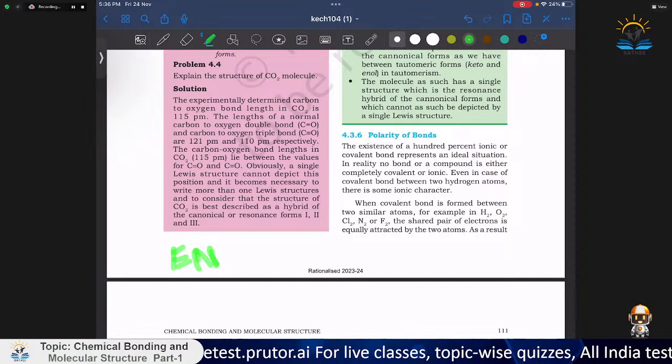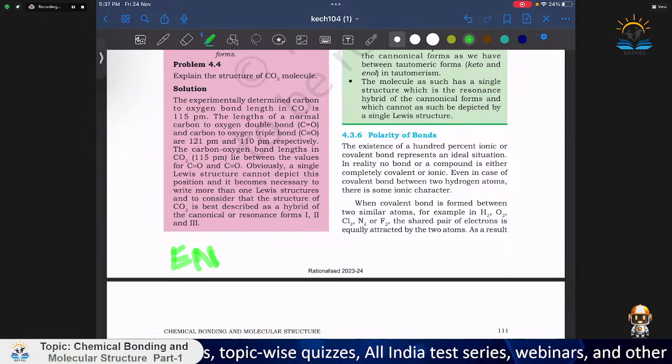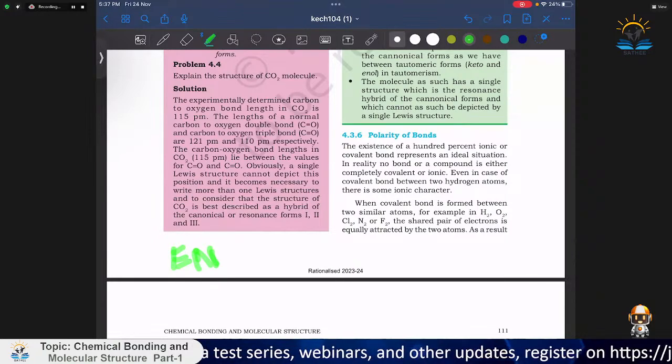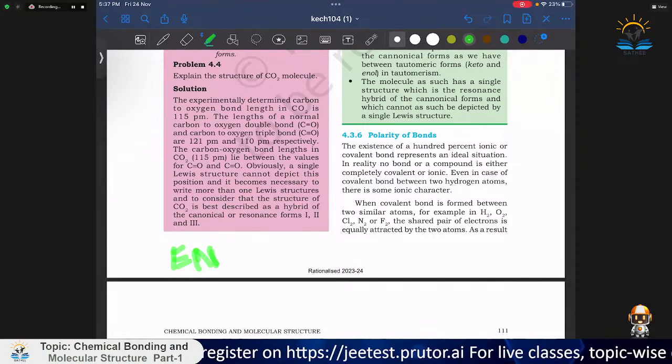In a covalent bond, although both atoms give one electron each, they share one electron for a single bond, but the pair of electrons is usually shifted towards the element which is more electronegative. This is a kind of competition between the elements. The ones which are more electronegative tend to attract towards themselves, and the ones which are less electronegative tend to give away.